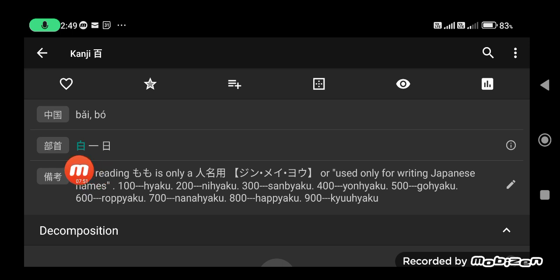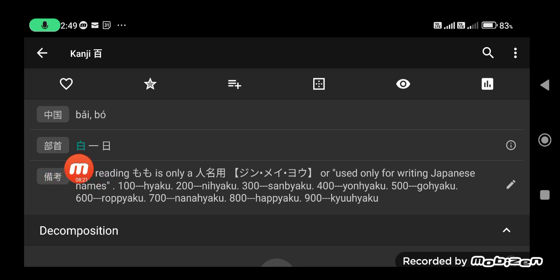This radical is white, shiro, or haku. This is haku, white, and then the third radical is ichi, and then the sun, the nichi. So there are three radicals here.